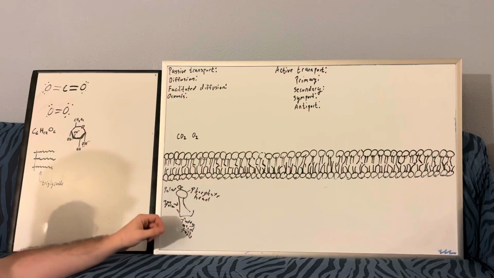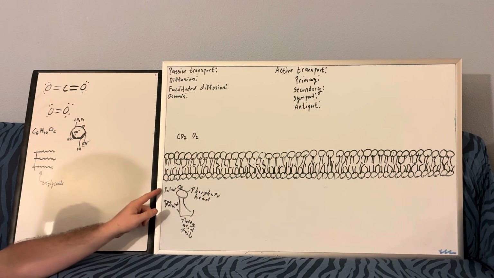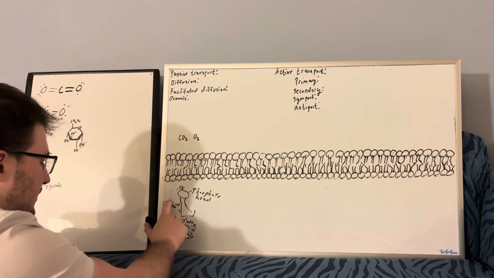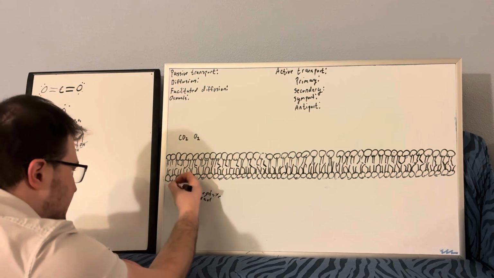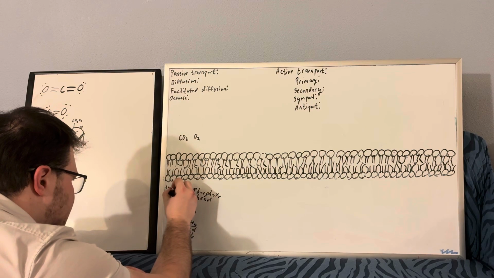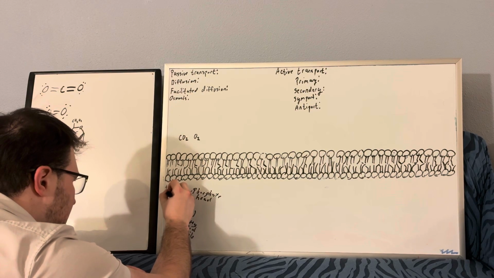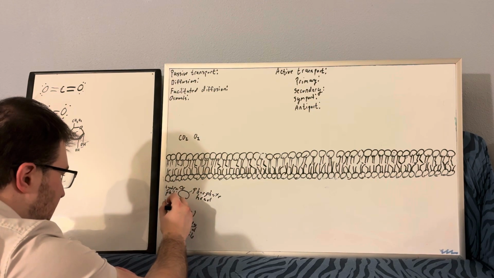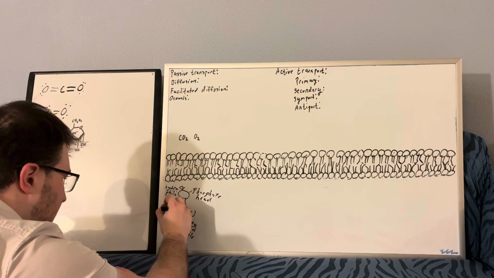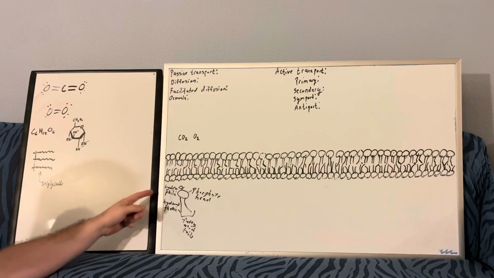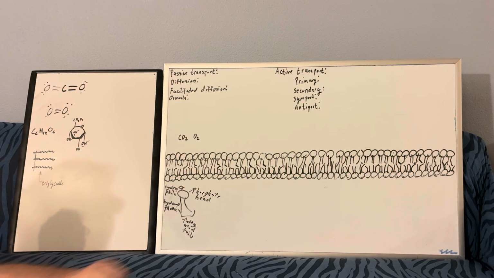You've probably already heard it. For the rest of this video, I'll refer to them as a hydrophilic head and a hydrophobic tail region. I'll probably still say polar and non-polar a few times. Hydrophilic means water-loving. Hydrophobic means scared of water.